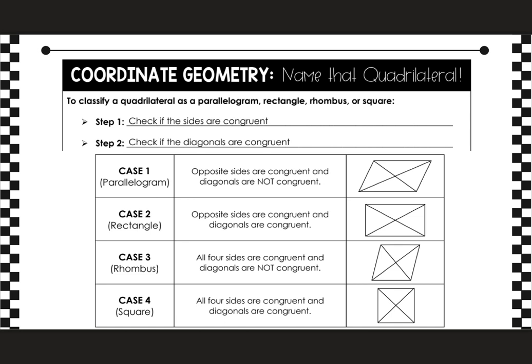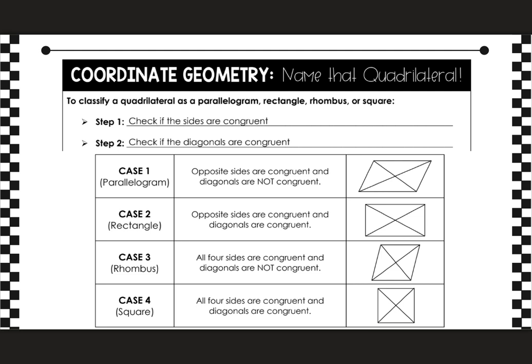Basically, what we're worried about are the four general quadrilaterals: parallelogram, rectangle, rhombus, and square. There are more, and there are other ways to classify them, but we're just going to worry about if the sides are congruent and if the diagonals are congruent. In the case of a parallelogram, this is the most broad.